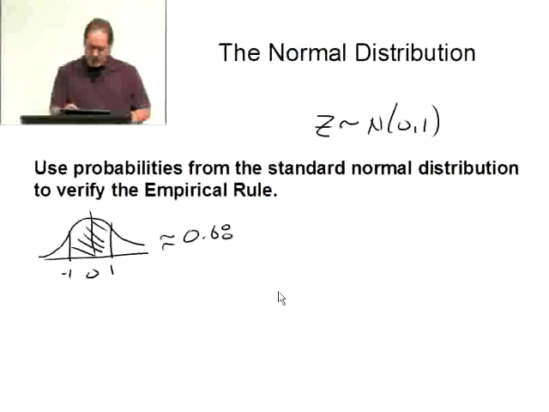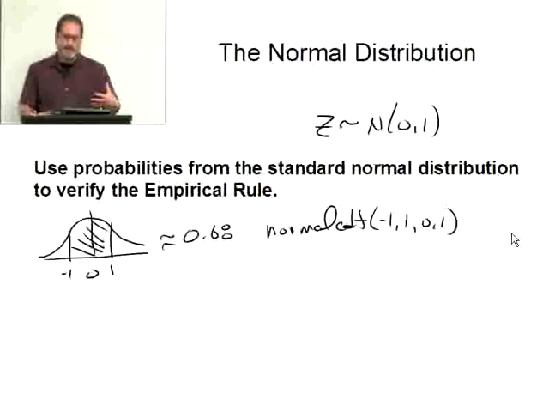Correct? So you go normal CDF, negative 1 to 1, 0, 1, and you find that's approximately 0.68. It's 0.68 something or other.